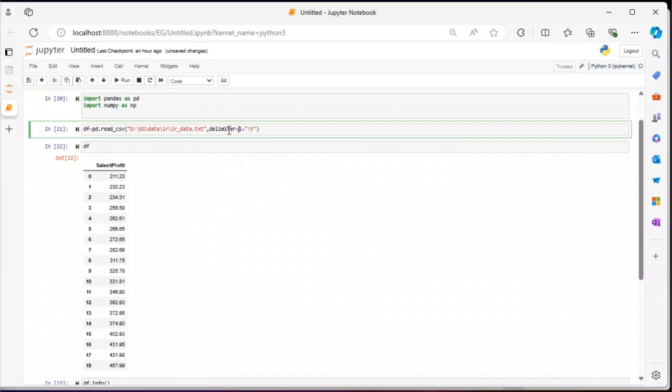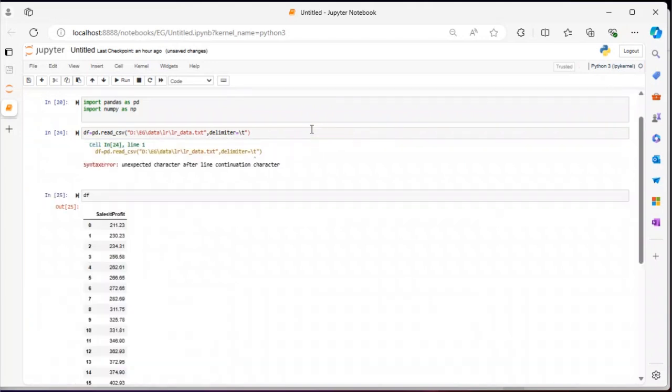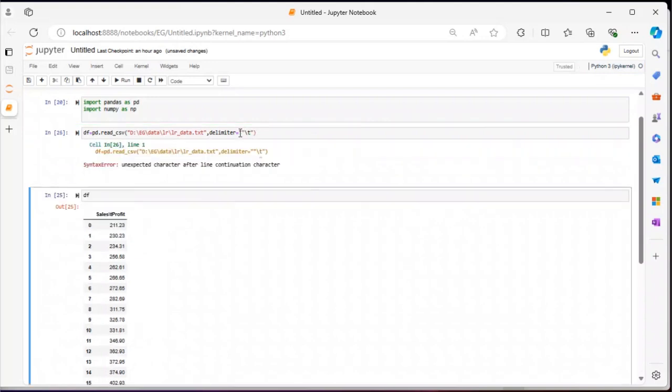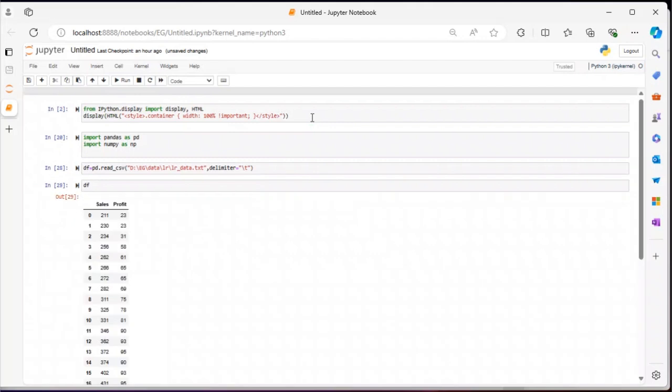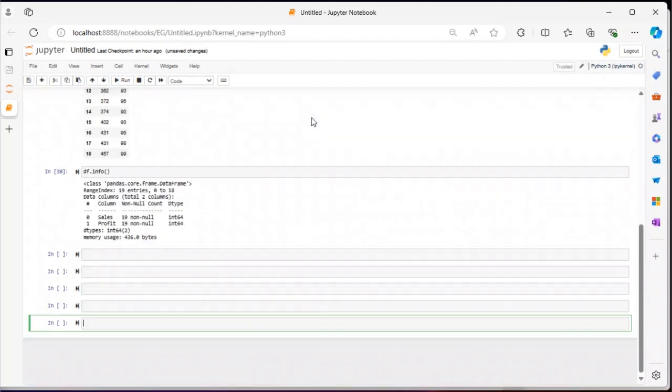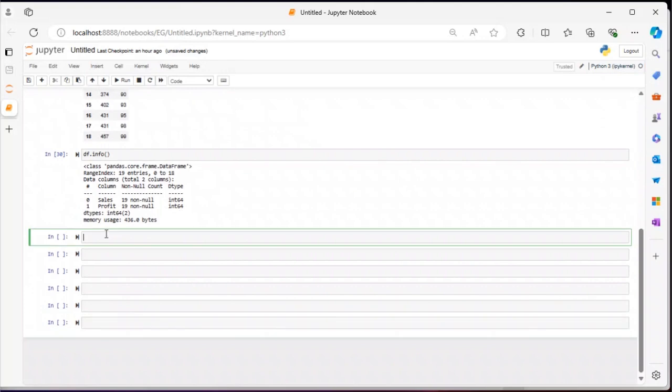Delimiter into this. There are two features that we have, sales and profit, right? We have taken them in this form.